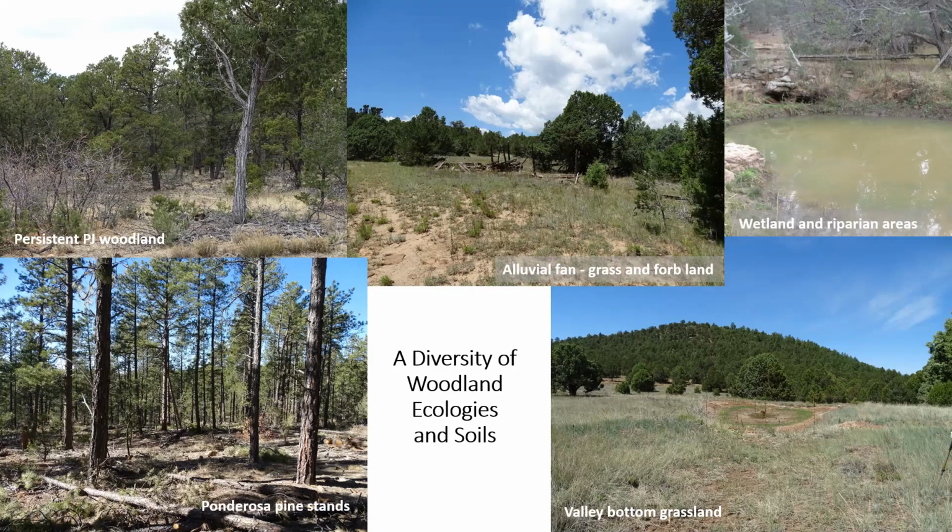We find alluvial fans with grass and forbs. We find wetlands and riparian areas amidst the pinyon juniper, valley bottoms with grassland and scattered pinyons and junipers, and Ponderosa pine stands with a pinyon juniper understory. Vegetation types and vegetation health can be an indicator of soil health and vice versa.